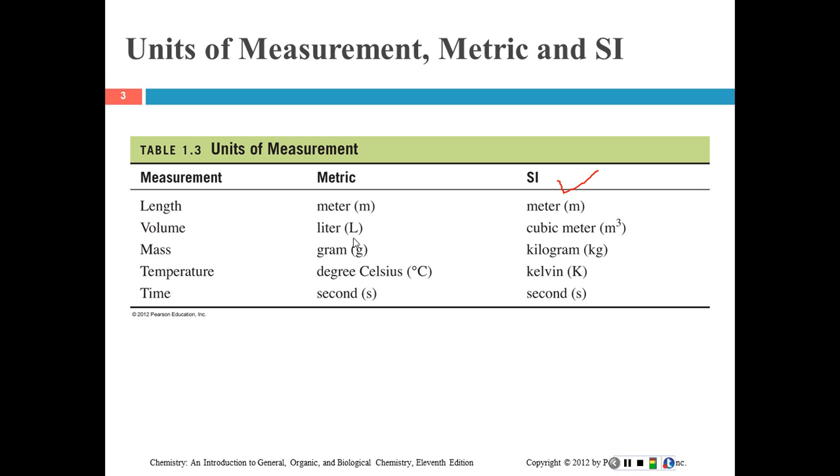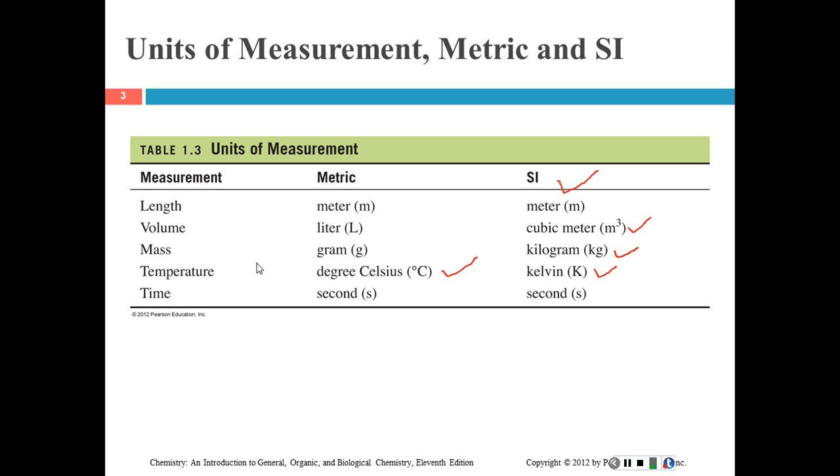Volume, however, we talk about liters and milliliters in the metric system, but the standard SI is actually the cubic meter, or m to the third power. Mass, we use grams in the lab because they're a lot smaller than the SI unit, which is kilograms. Temperature, the metric is Celsius, the SI is Kelvin.